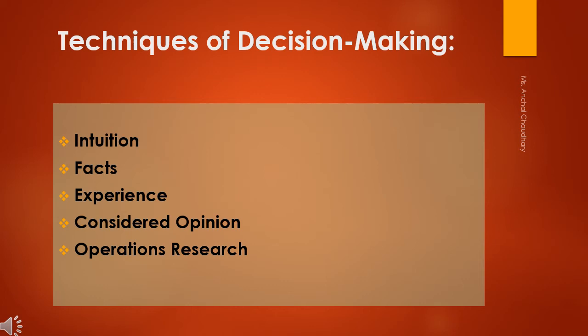The decision which you make on the basis of those facts and figures is known as fact based decision making. It is more reliable because you have proper facts and figures with you on the basis of which you are going to make the decision. So it is one of the most reliable forms of decision making.